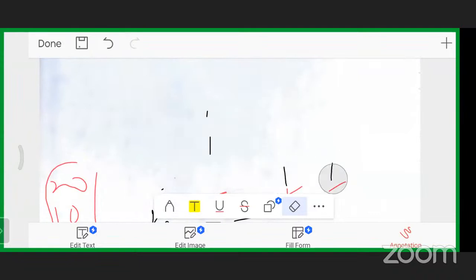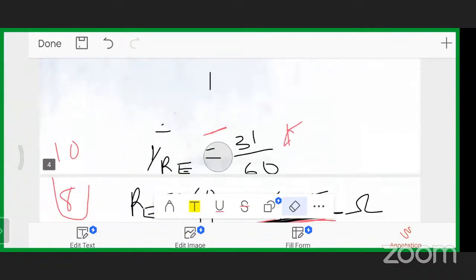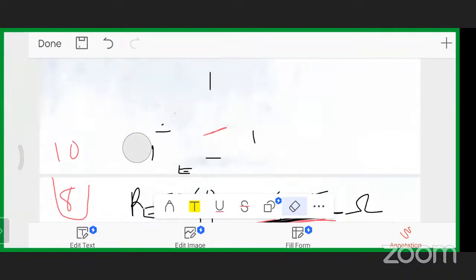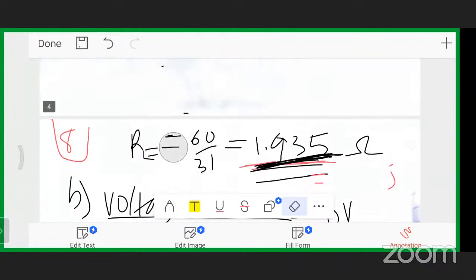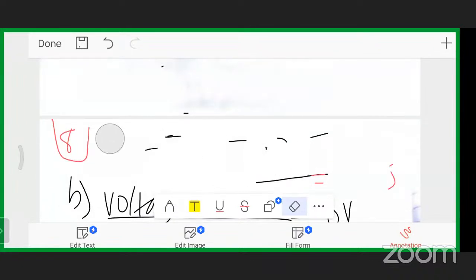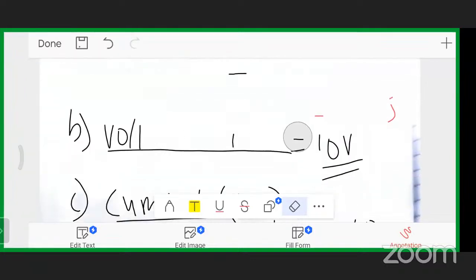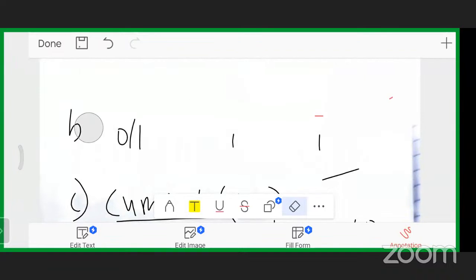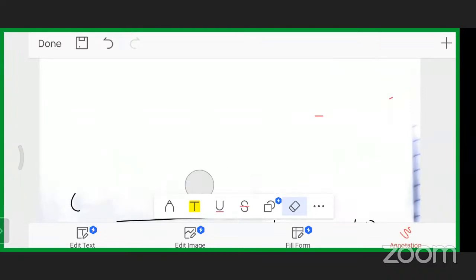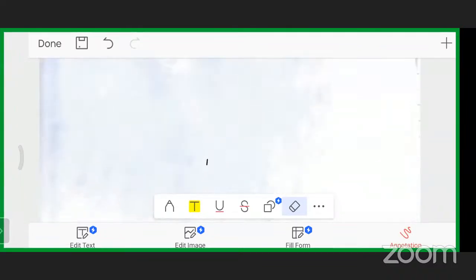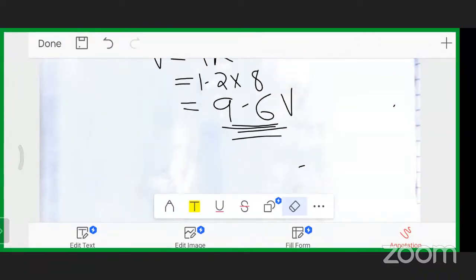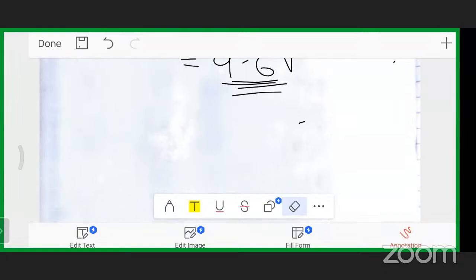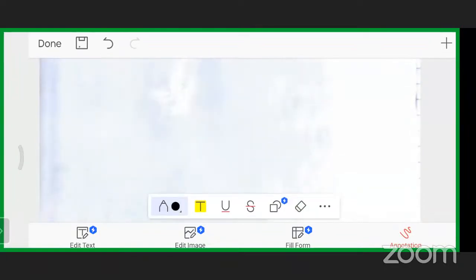So let me draw it. The only trick that it had is that it also had an internal resistance of the cell, which is adding up, and again there were several resistors in interesting connections. So it was having this.